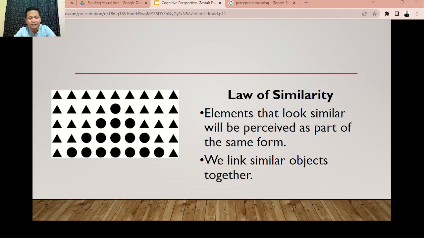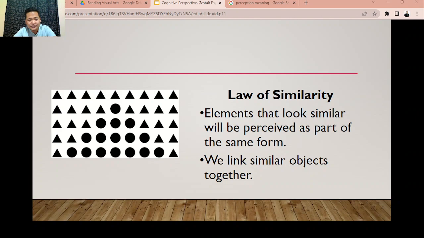And it forms what? It forms another triangle, right? So here, elements that look similar will be perceived as part of the same form. We link similar objects together.